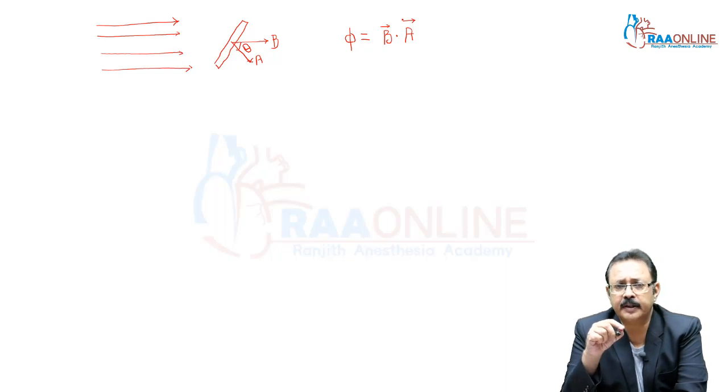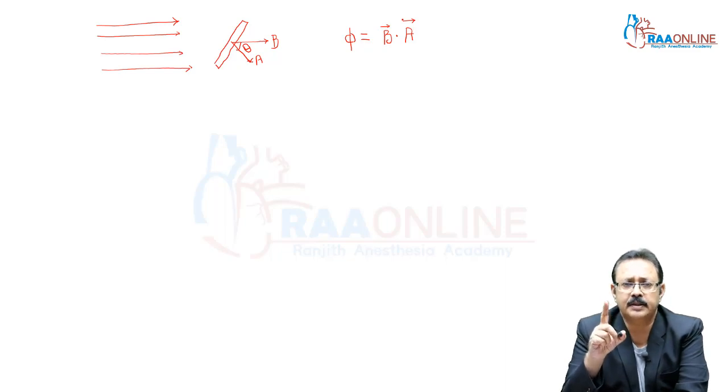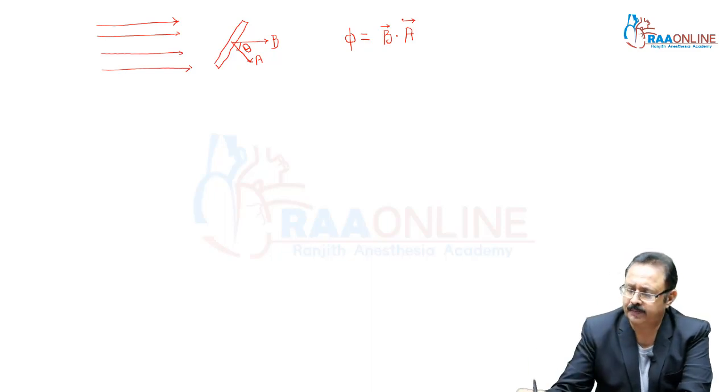And Weber per meter square is the unit of magnetic field. Weber per meter square means Tesla. Maxwell per centimeter square is CGS unit. It means Gauss. And in 1 Tesla, there are 10 to the power 4 Gauss.